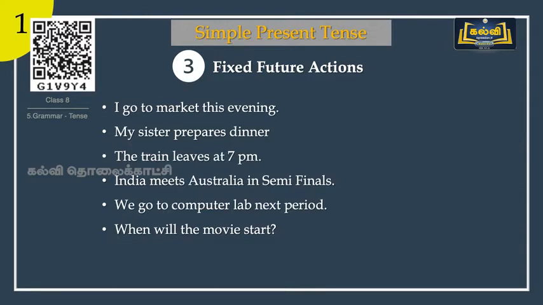If you look at all these examples, these are fixed events like timetable. If you want to express something which you have in your timetable, either it is schoolwork or your personal work or anything about tea, sports or any events, if they are fixed events, you can express it in simple present tense.